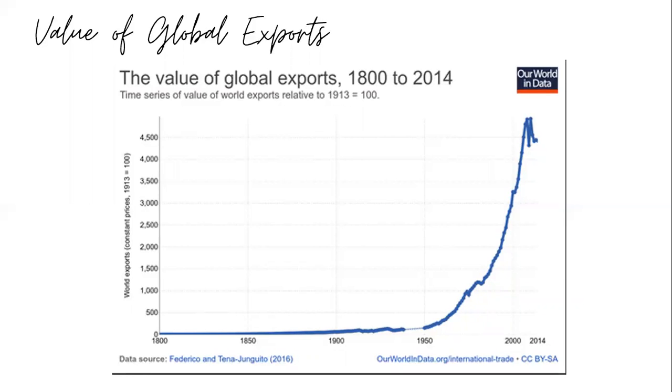Now, the amount of global exports has exponentially increased as a result of globalization. I have been mentioning this. There have been more goods being manufactured, more goods being traded, more goods being consumed, more than ever before in the history of the world. If you look at the 1800s, this was the amount of exports, and look at this, increase, increase, increase.